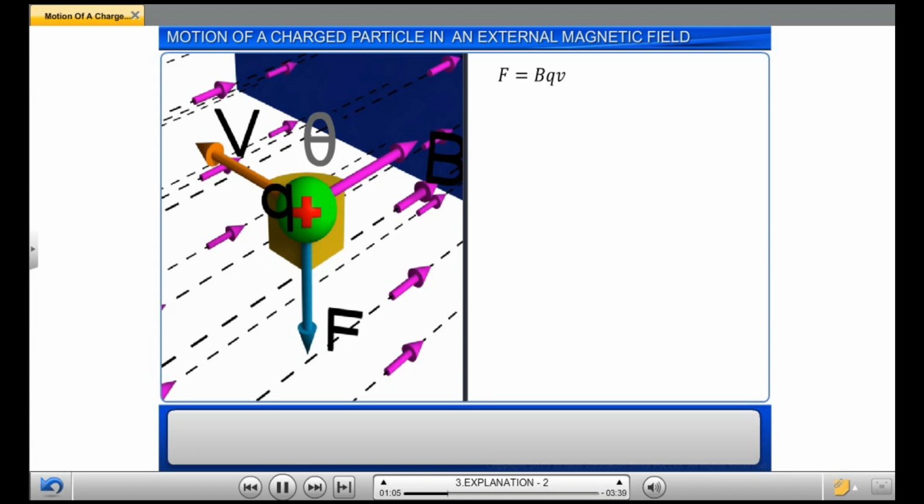In the case of a charged particle in a magnetic field, the magnetic force is acting perpendicular to the direction of velocity, and thus the work done on the charged particle is 0.